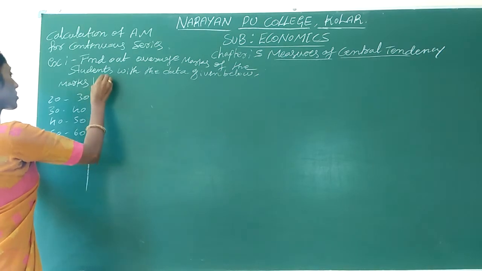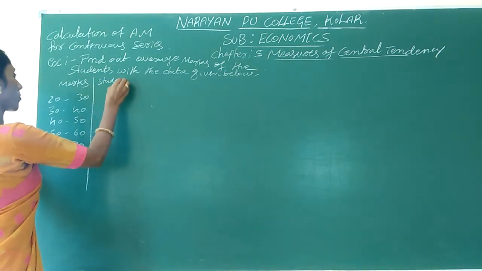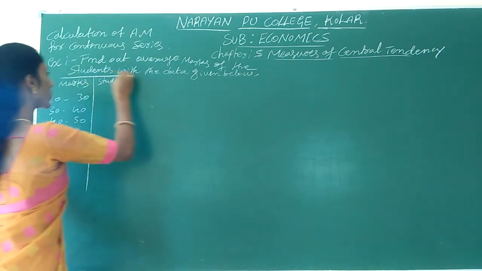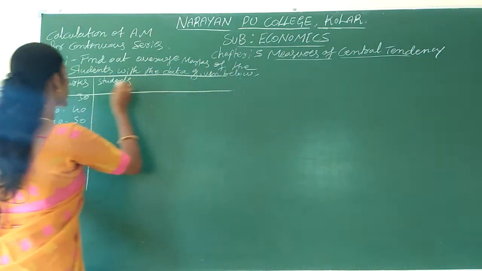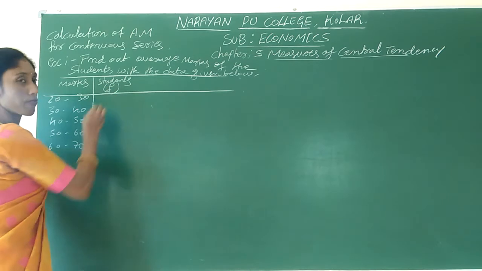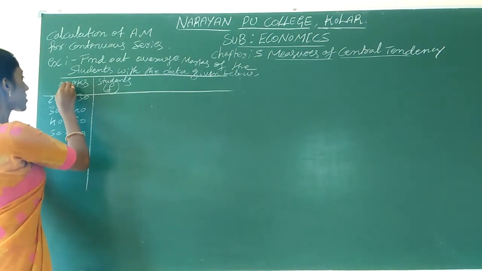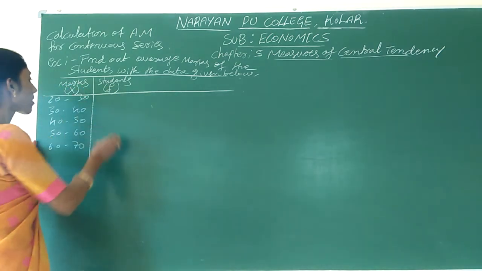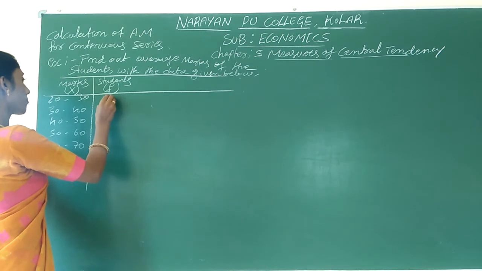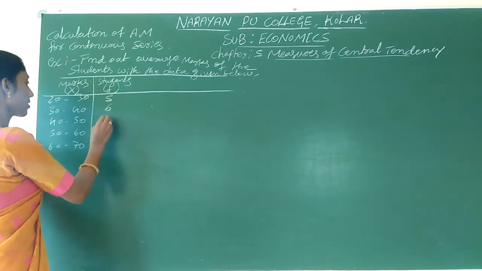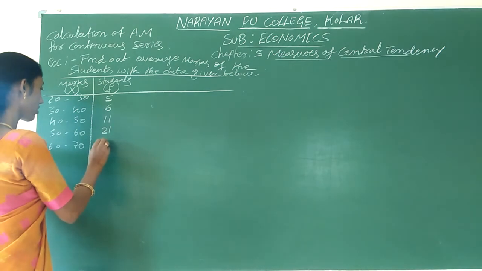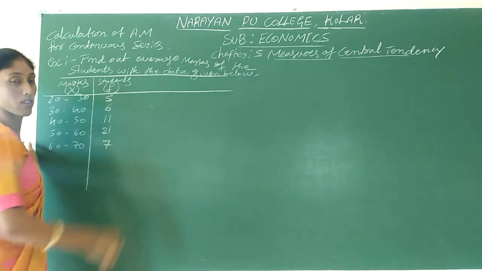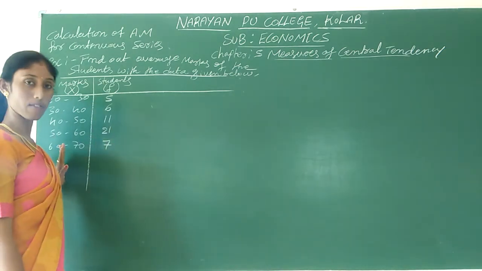Next, students, we will give a frequency. These are the observations, and the frequencies are 5, 6, 11, 21, 7. This is the data they have given.